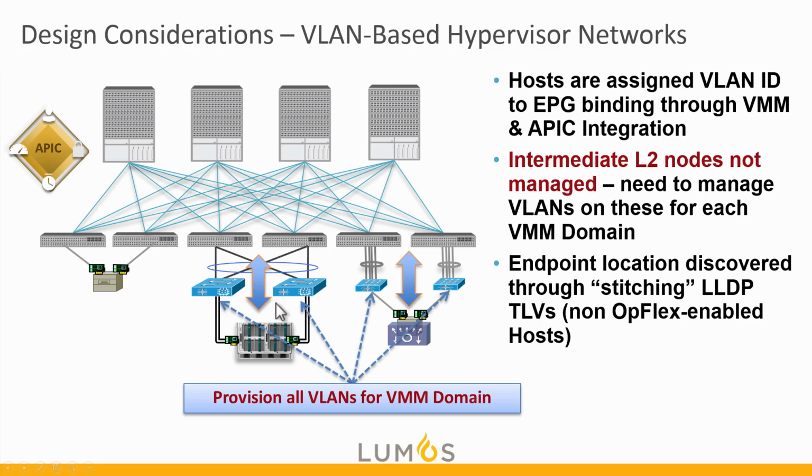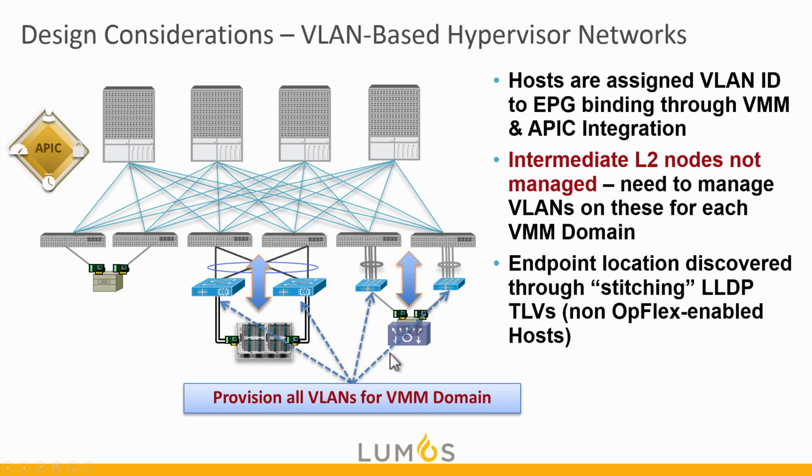Now we have the option of having intermediate layer 2 nodes. So we just got done talking about this from the perspective of, for instance, the UCS chassis with its I/O modules, talking to fabric interconnects, and really those fabric interconnects looking like switches or L2 switch, kind of a separation from the leaf to the blade.